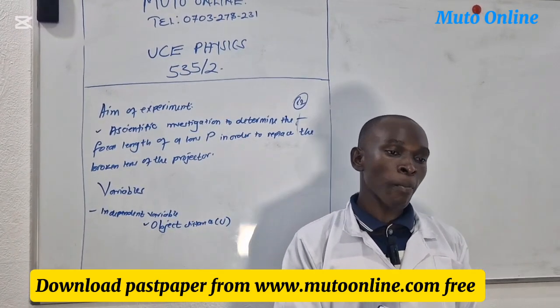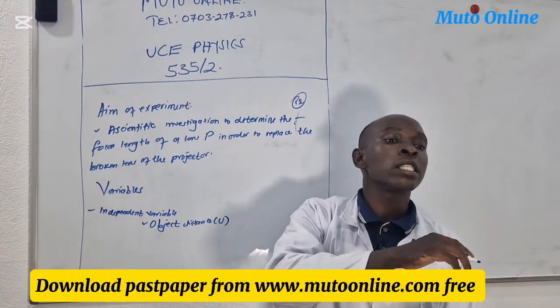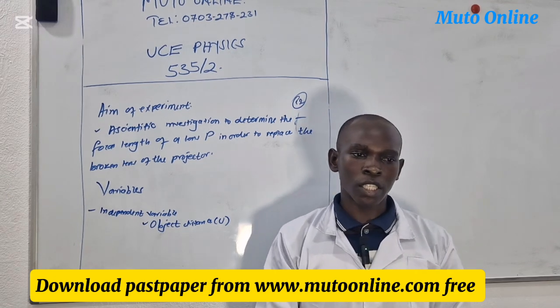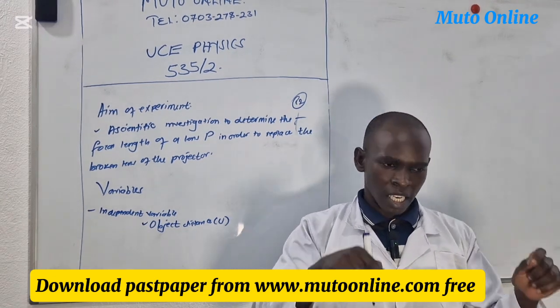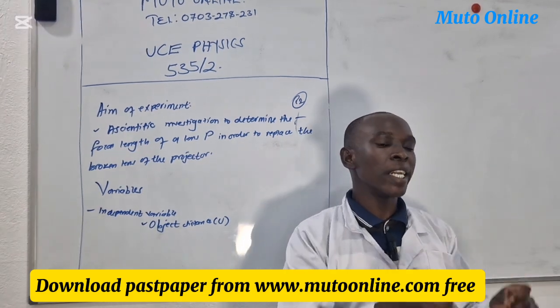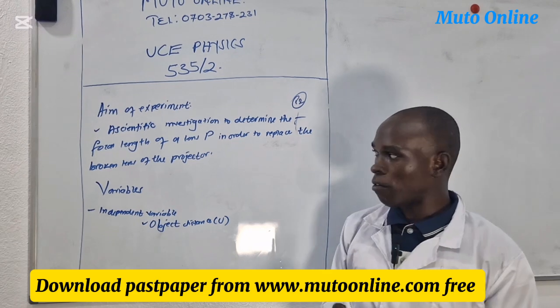So the image distance is dependent on the object distance. And in this case, it automatically shows us that the object distance u is an independent variable and the image distance v becomes the dependent variable.